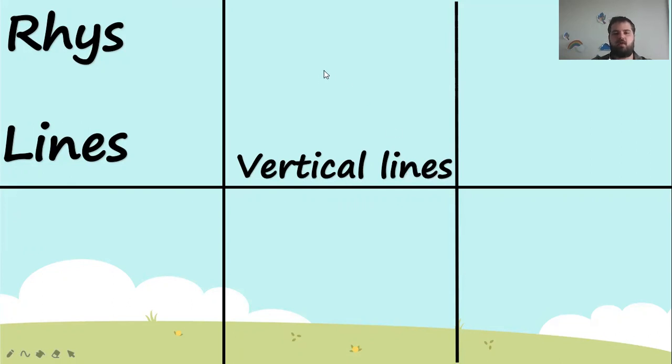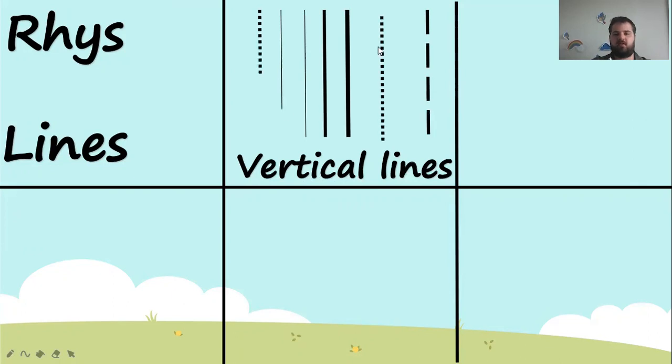And then I want you to draw some vertical lines, as many as you want, as little as you want, as long as they're from top to bottom. And remember, these are our vertical lines. You may pause the video because we're going to go to our next one.